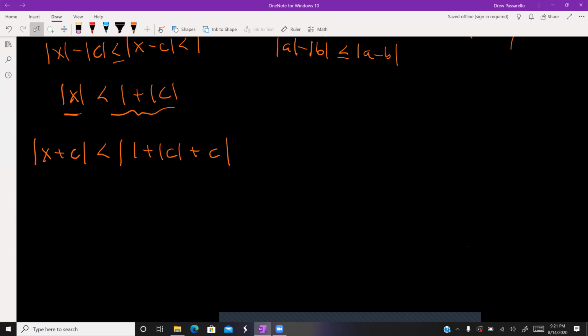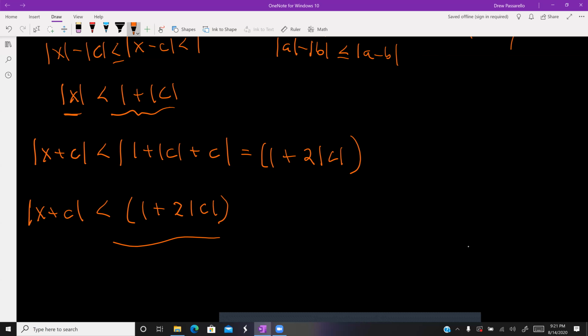And that's going to be equal to, well, we could say that's 1 plus 2 times the absolute value of c. So we have that x plus c is going to be less than 1 plus 2 times the absolute value of c. All right, that's our bound. And this was using delta being 1.